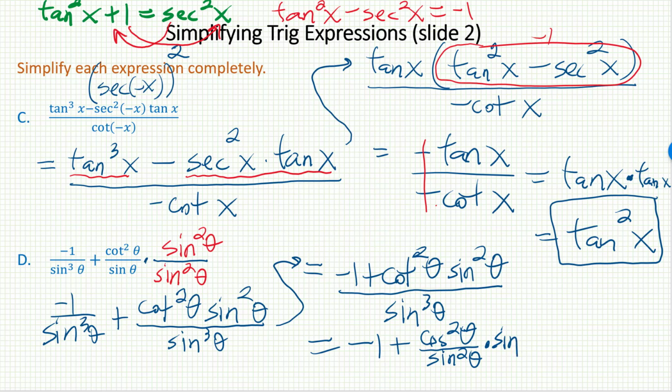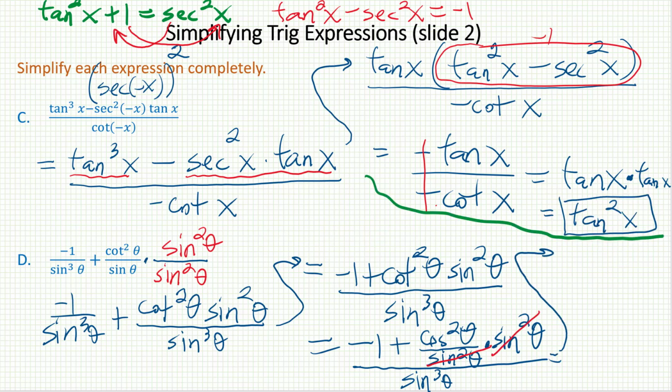And then, of course, I have that times sine squared theta. And don't forget the denominator. The denominator is just sine cubed theta. But then the numerator works out quite nicely because the sine squared thetas here cancel out. And so I now have negative 1 plus cosine squared theta over sine cubed theta.